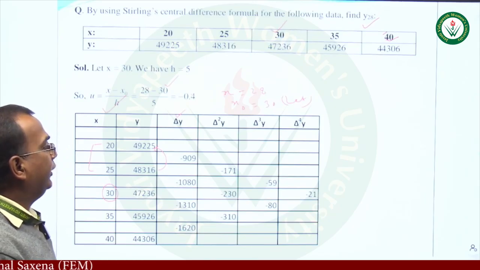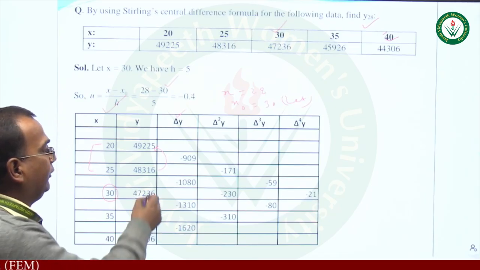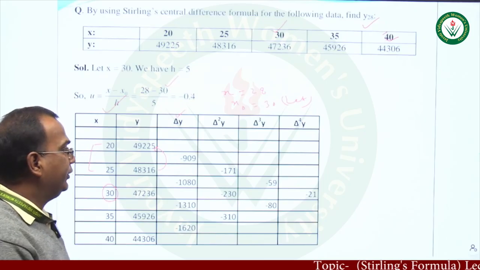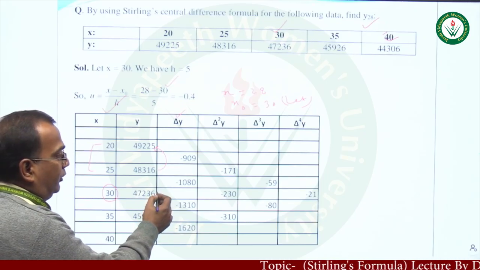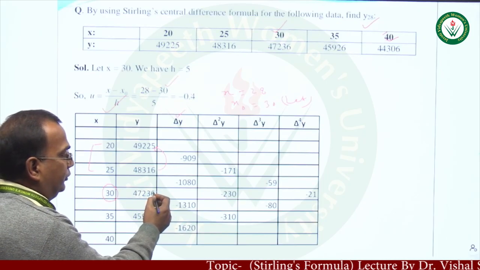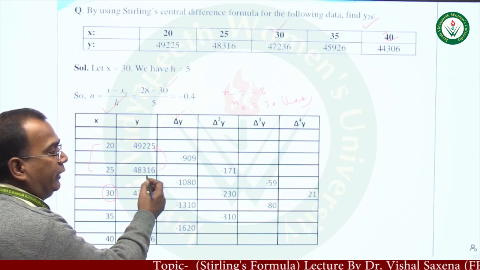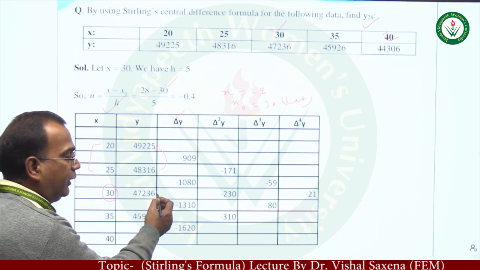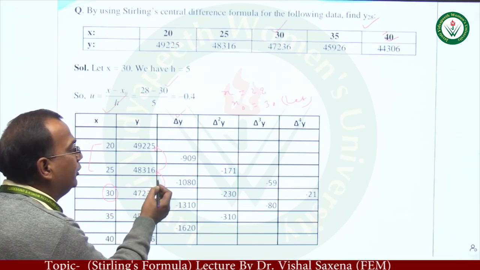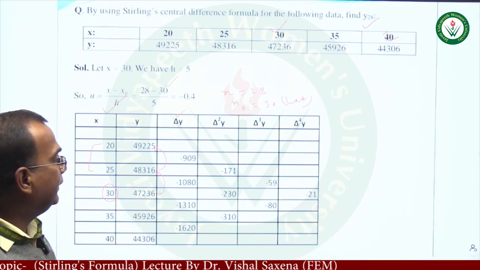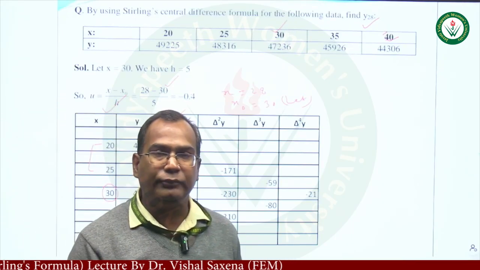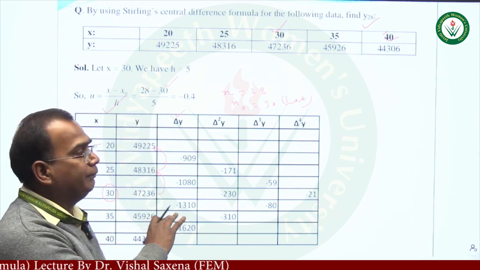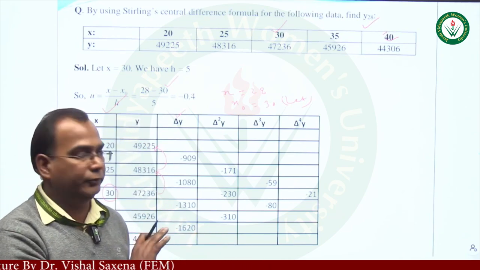Then when we subtract 48,316 from 47,236, what do we get? Minus 1080. In this way a simple difference table can be formed.